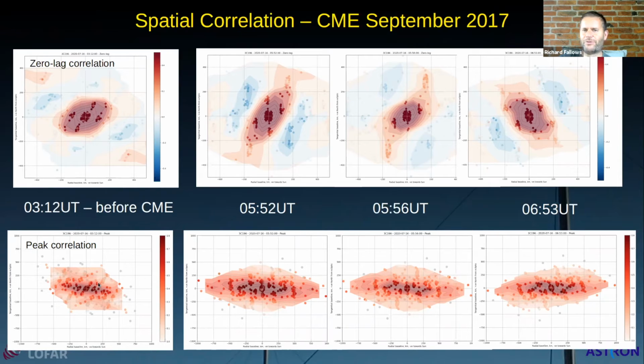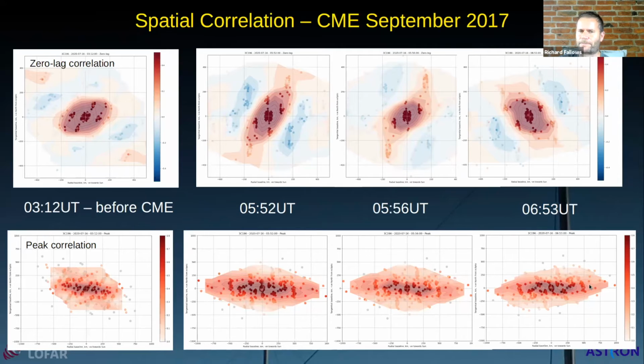Now, if we do the same with the peak correlations, we end up with a slightly different view. We end up with this very elongated structure, which is broadly radial in direction, very slightly offset from radial, perhaps. And as the CME passes across the line of sight, it remains broadly radial in direction, perhaps with some slight variation, but mostly pretty much radial.